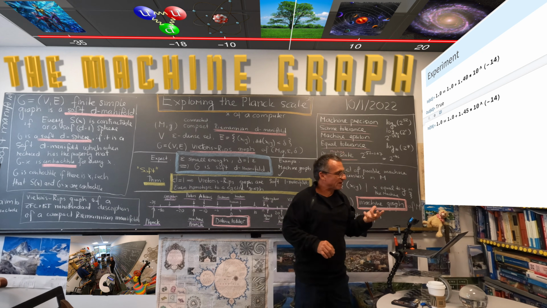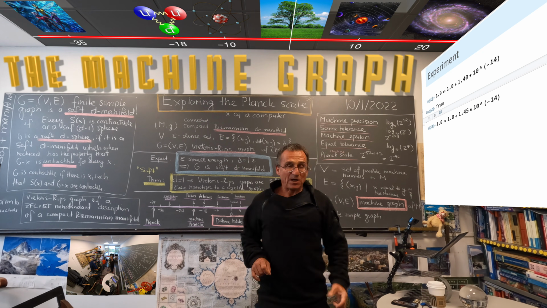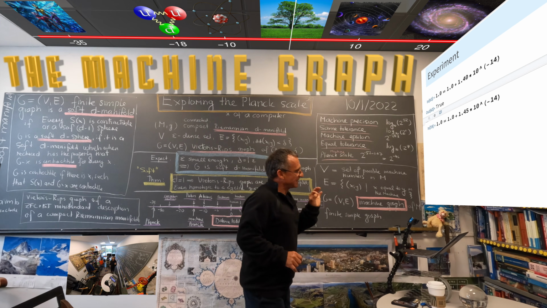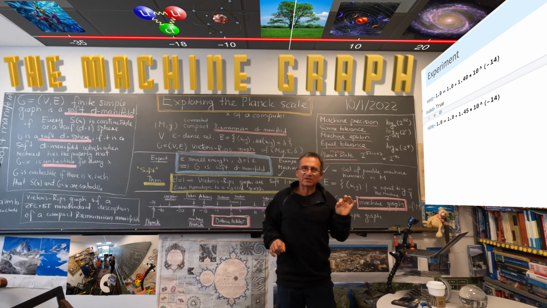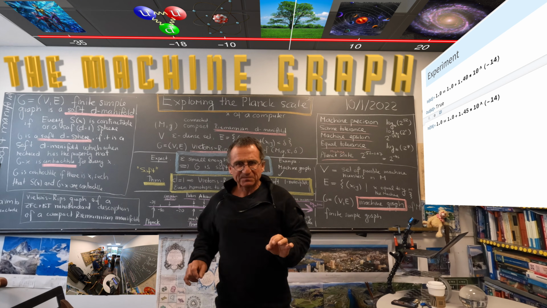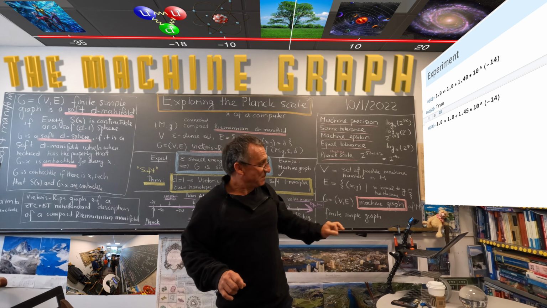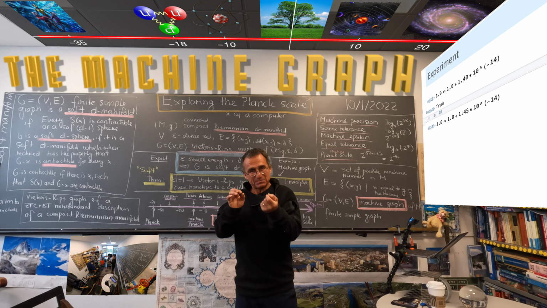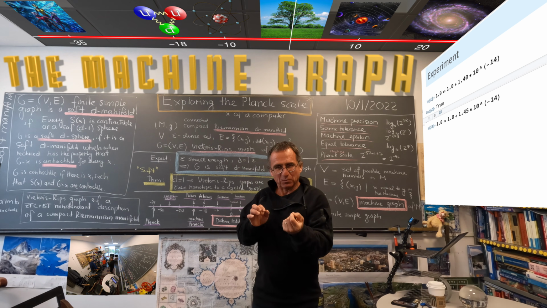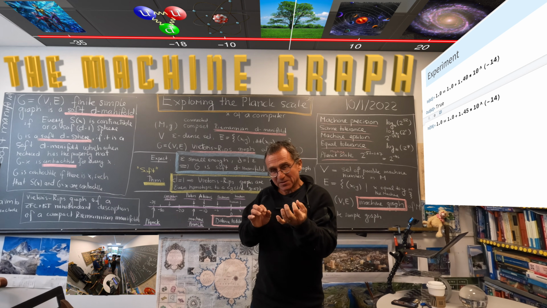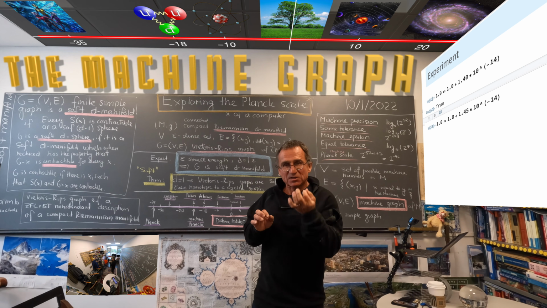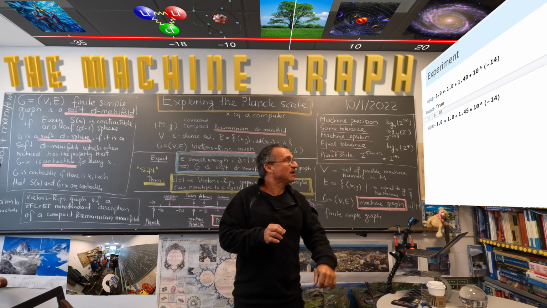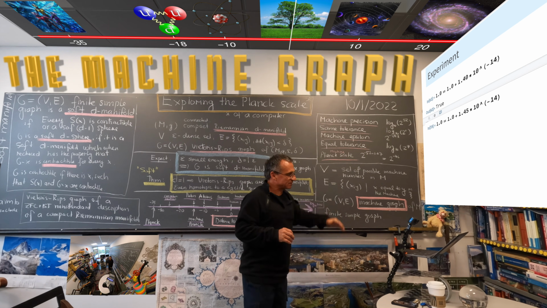I can run that. If I take 1 plus 1.4 times 10 to the minus 14, I get that the machine tells me that these points are equal. So they are actually different points, but they are connected. So this is an edge in that machine graph.